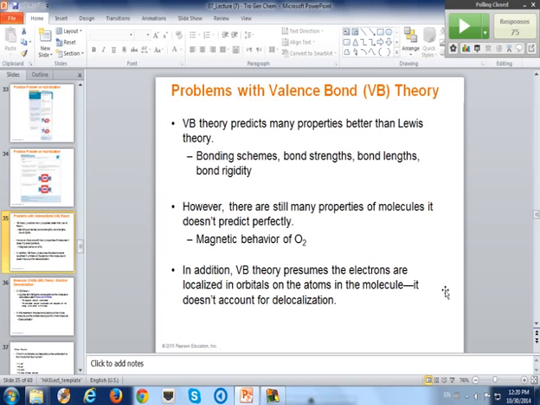A better way of incorporating quantum mechanics in the molecule is to quantum mechanically model the whole molecule. And this is what molecular orbital theory does. Okay?